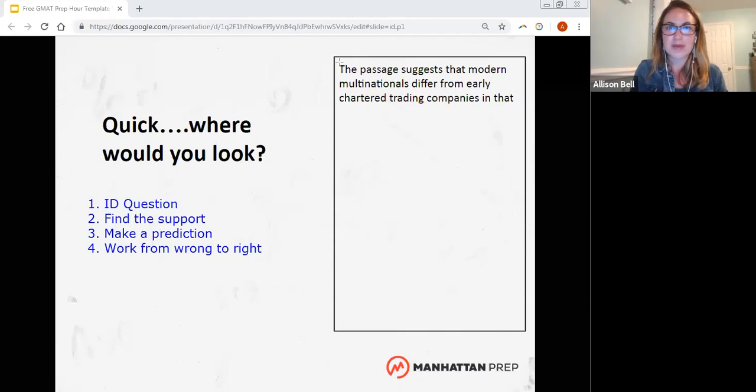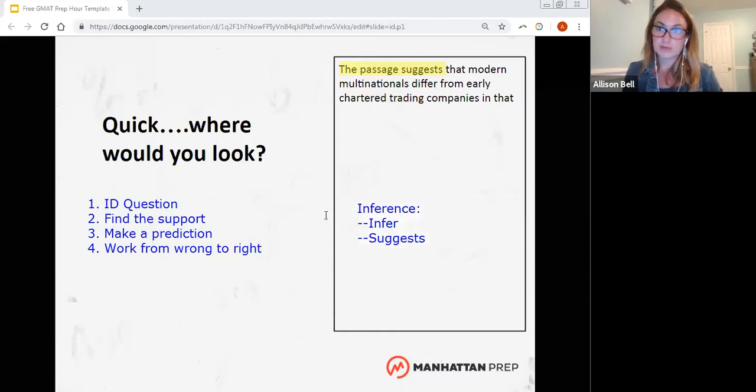So this question starts with the passage suggests. That means that this question is what we call an inference question. An inference question is often going to use the word infer or passage suggests. What this means is that you're going to have an answer choice that is very, very strongly supported by the passage.